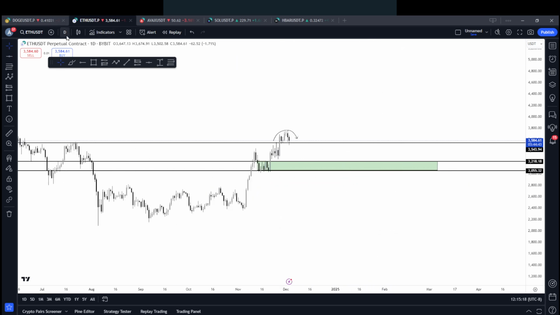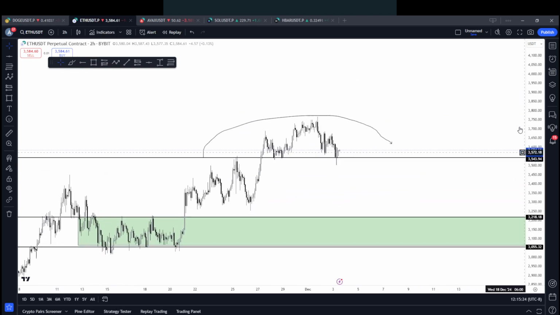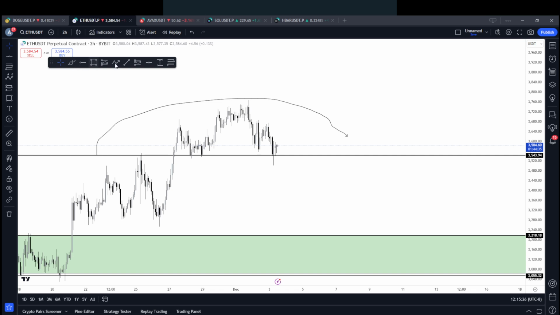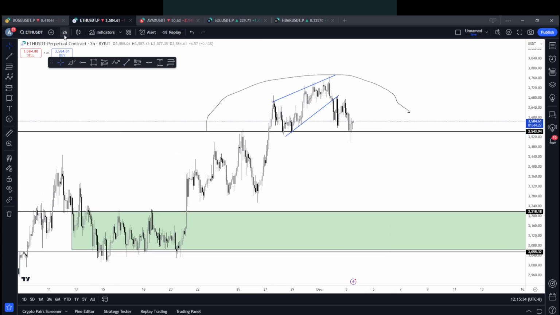Now, remember what I said about the rising wedge that formed, right? Okay, now check this out.